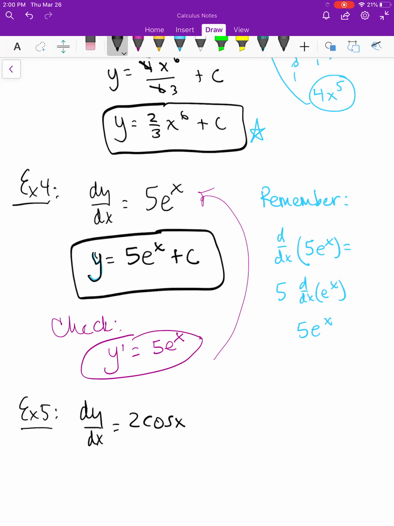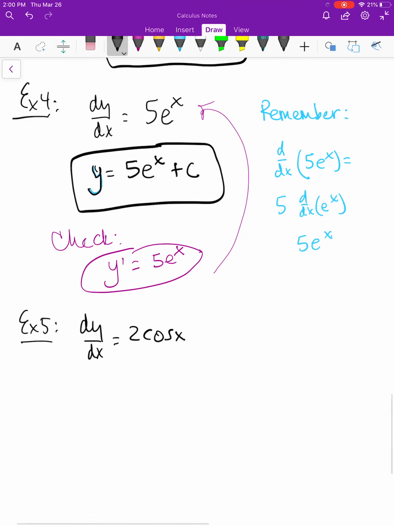Example number 5. dy dx equals 2 cosine x. Okay, so I have to be thinking, what could I take the derivative of that gave me cosine? Because you're remembering this is your derivative.